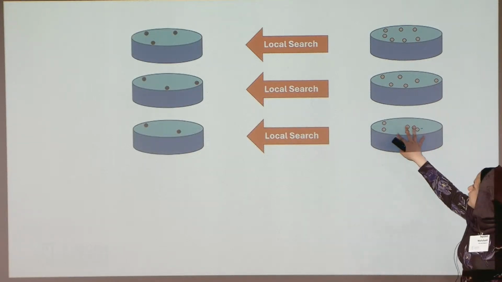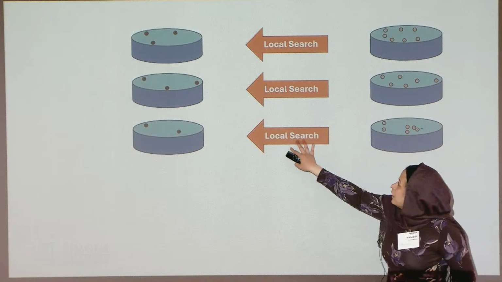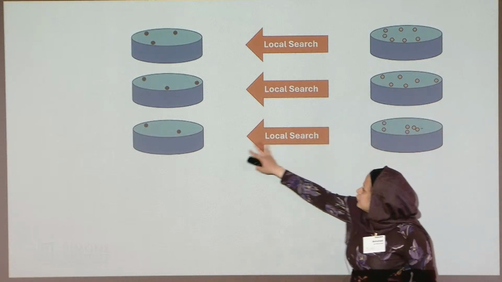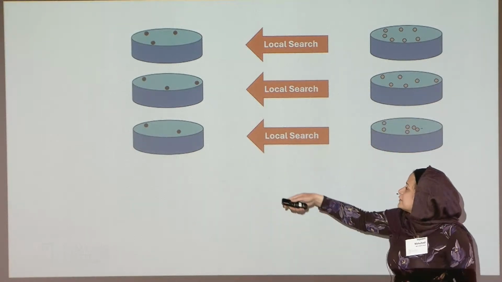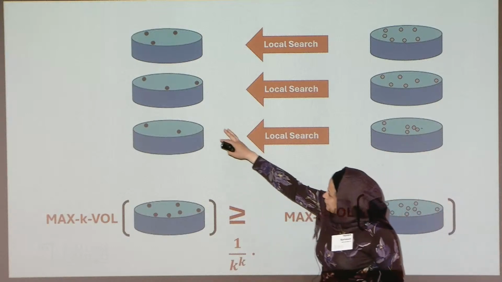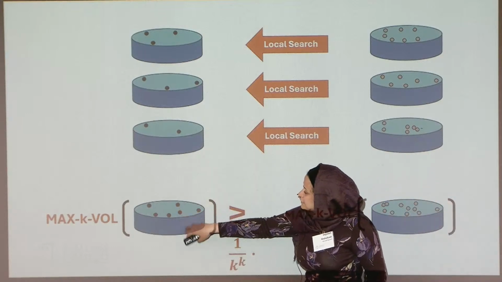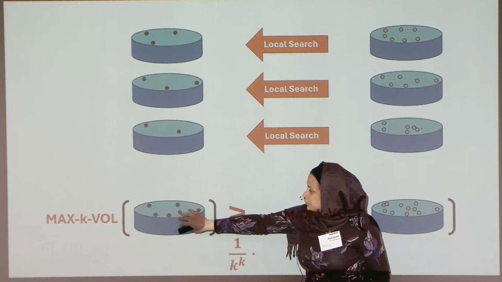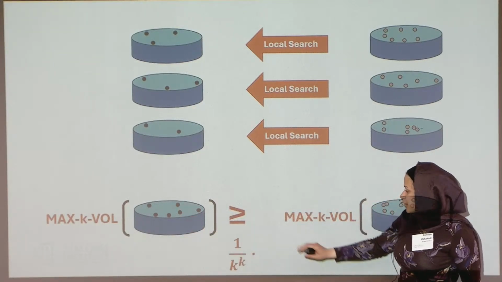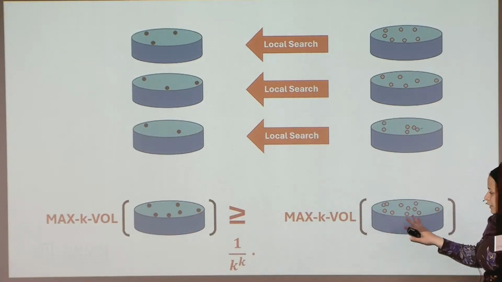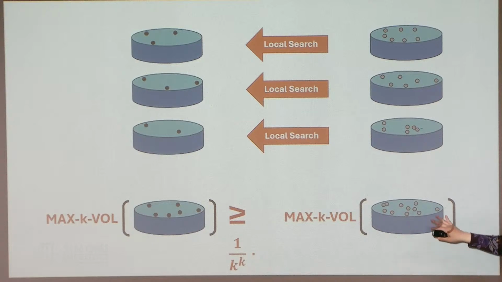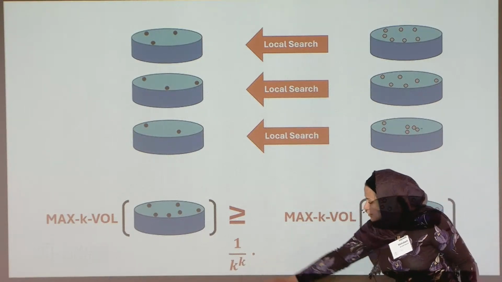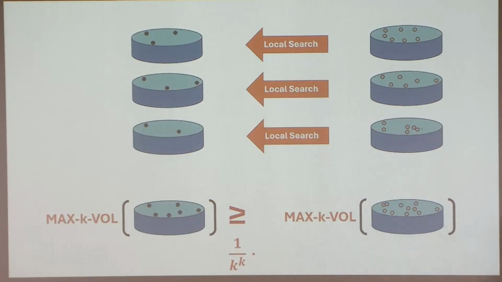If we have multiple point sets and we run local search on each of them to get a small subset, then if we take the union of these subsets, the maximum volume one can achieve by picking k points out of the union of the subsets approximates the maximum volume you can achieve by picking k points out of the union of the original data sets. The approximation factor here is roughly k to the k.